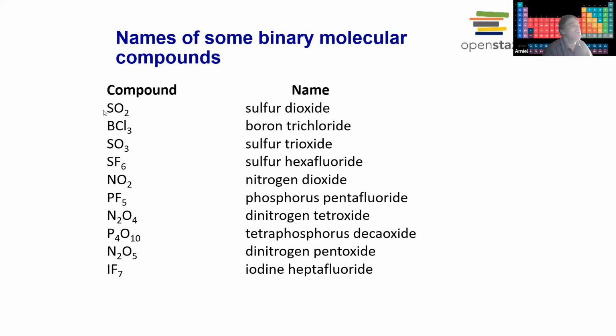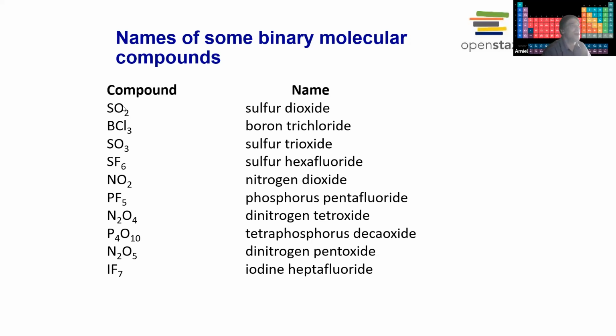Here's some examples. Sulfur dioxide. So note the prefix di, because there's 2 oxygens. So to name SO2, you wouldn't say sulfur oxide. That would be naming it as an ionic compound. You need to use the molecular rules, which are the prefixes.